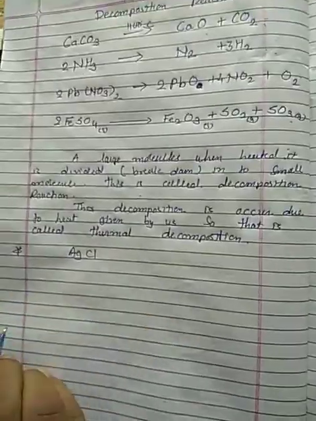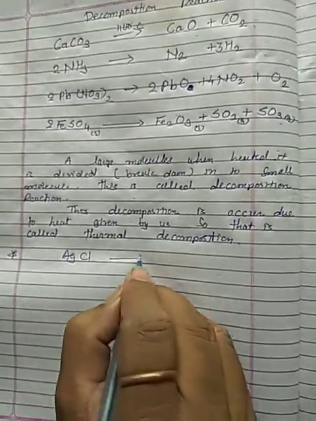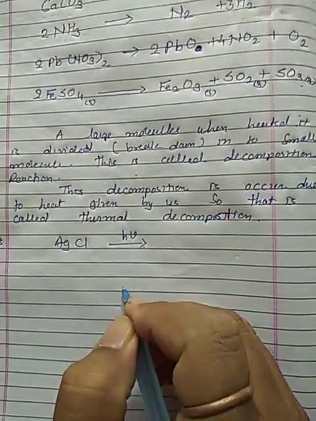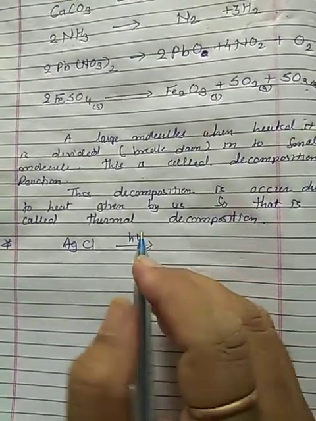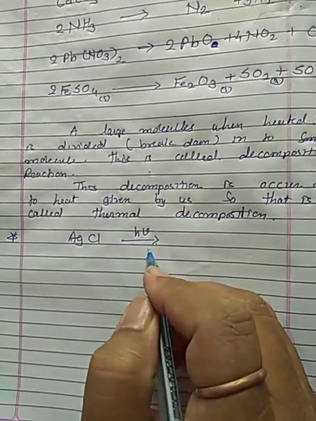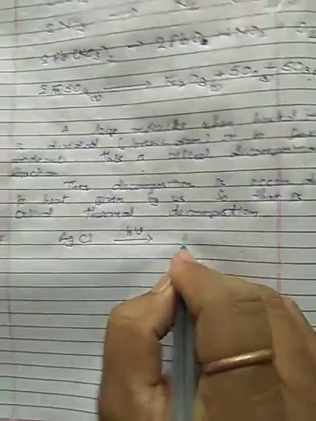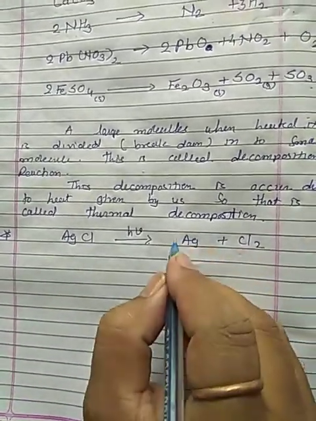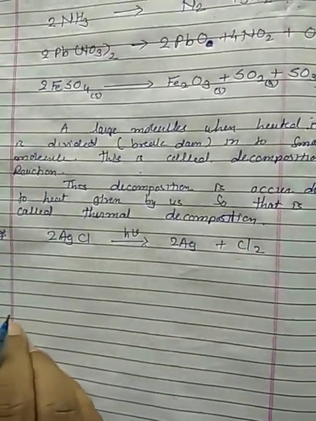Silver chloride: when sunlight falls on it, we write h nu here for the sunlight. When sunlight falls on silver chloride, it is converted into silver and chlorine gas. To balance, we have to multiply by 2.